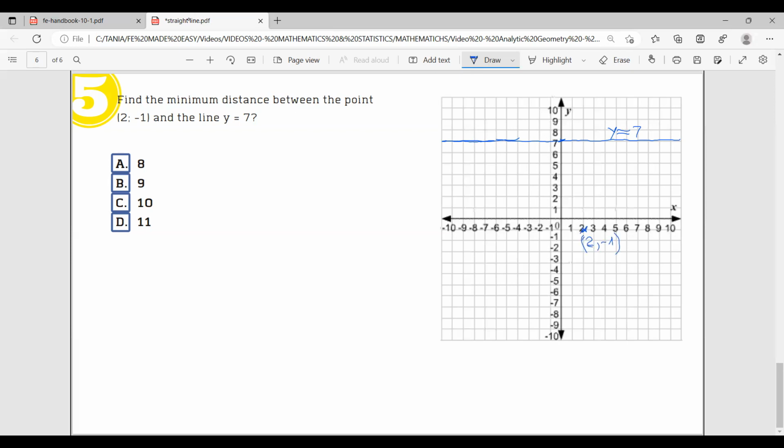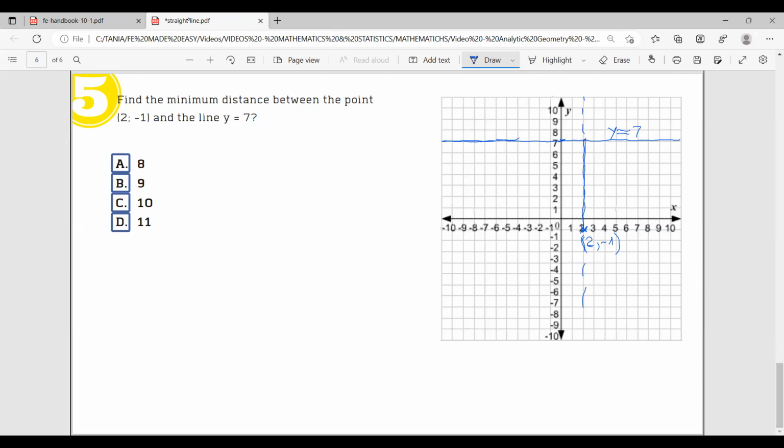And the minimum distance between this point and the line, we know it's the distance that falls perpendicular to the line. So in our case, the minimum distance is going to be from this point straight up. So this line that I just drew, I'm going to continue it here.